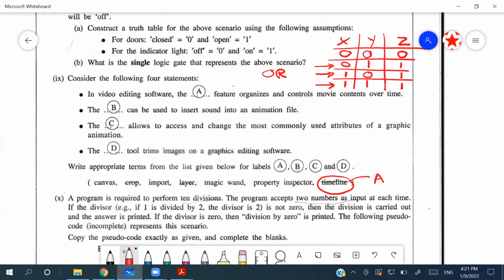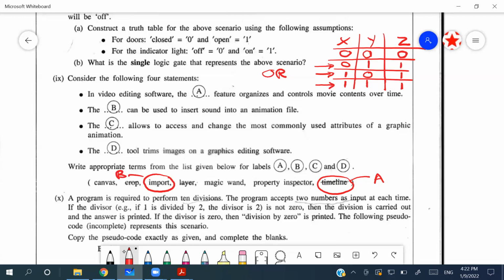And in the second blank, the blank can be used to insert sound into an animation file. Yes, now it has canvas, crop, import, layer, magic wand, property inspector. Yes, we can import. Yeah, import can be used to insert sound into an animation. Most suitable one seems to be import.